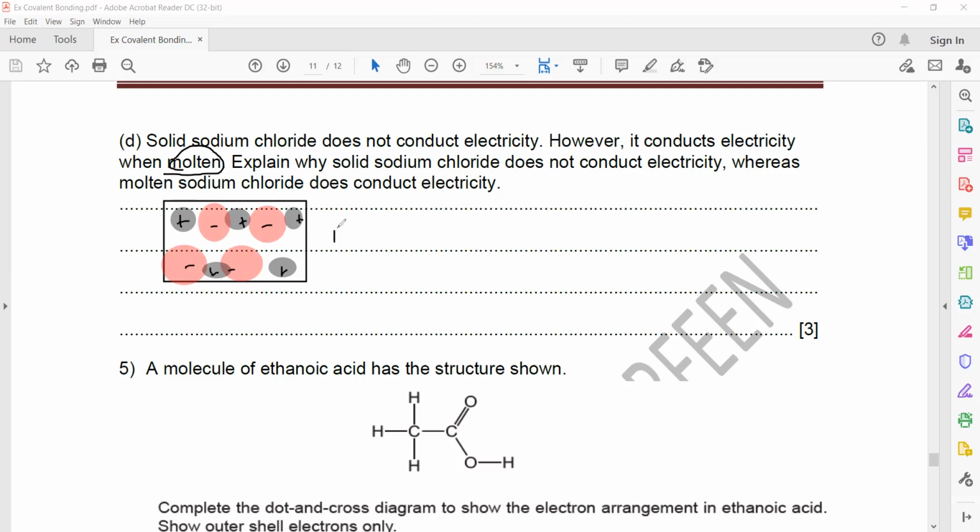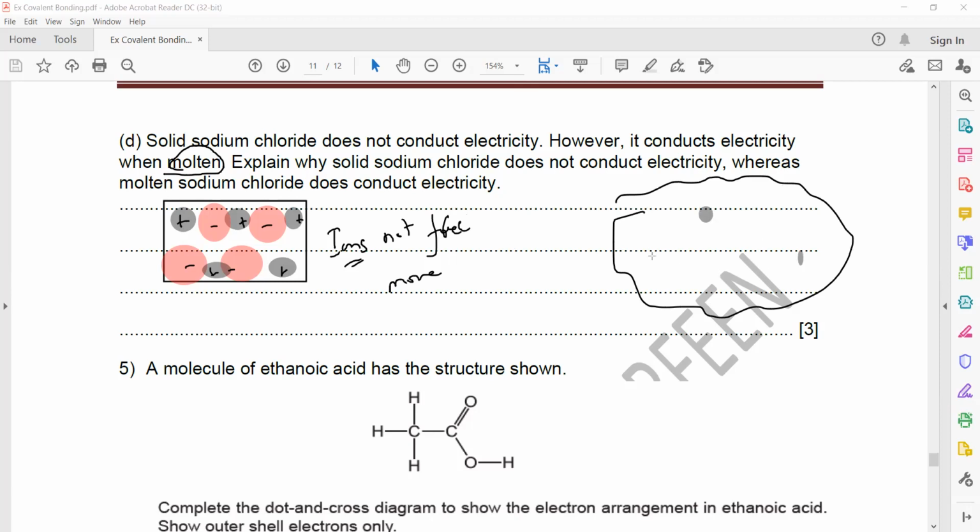In a solid state, ions are there, but they are not free to move. But when you melt the substance, now the ions have space, they can move. That's why it can conduct electricity in a molten form.